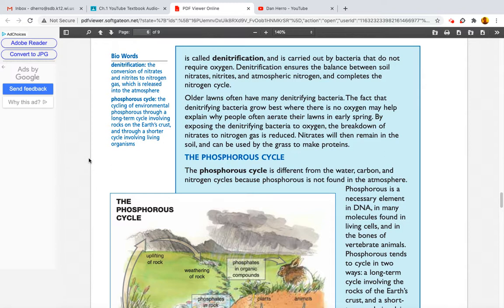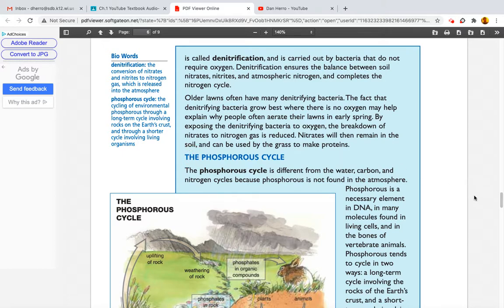The fact that denitrifying bacteria grow best where there is no oxygen may help explain why people often aerate their lawns early in spring. By exposing the denitrifying bacteria to oxygen, the breakdown of nitrates to nitrogen gas is reduced. Nitrates will then remain in the soil and can be used by the grass to make proteins.